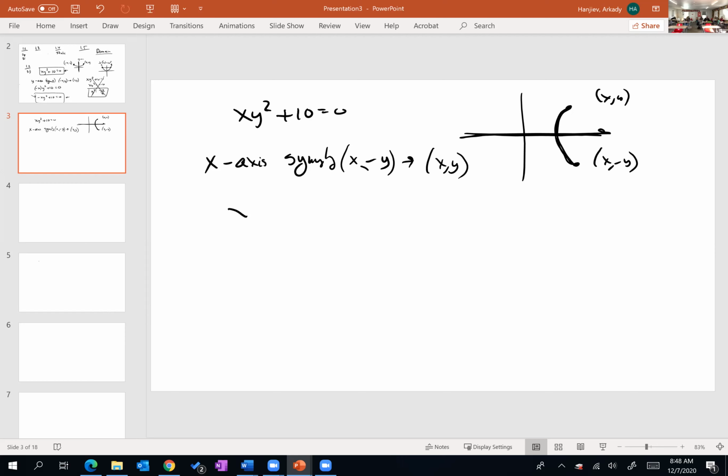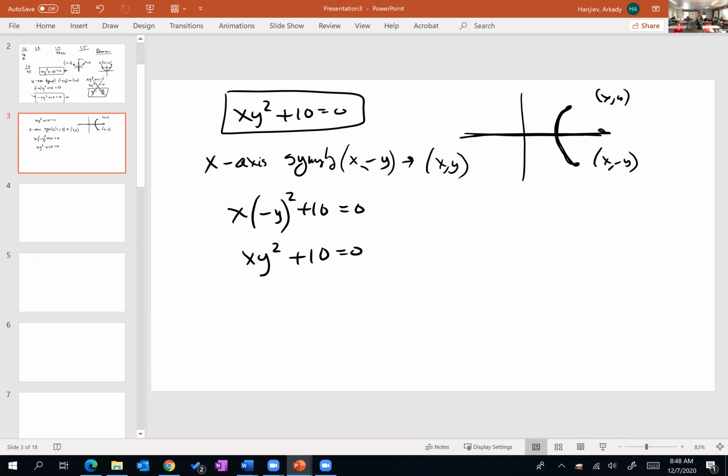So plug this in here. And that usually happens when you have that x squared or y squared in there. That's going to make everything disappear. The negatives go away. And you're left with back to the original problem as you had before. So I don't know what this graph looks like, but I know it does have y-axis symmetry.